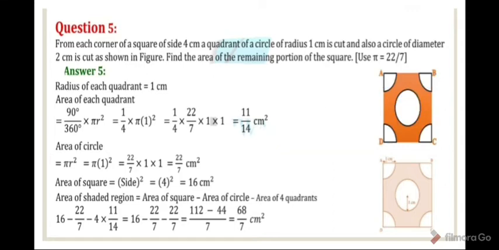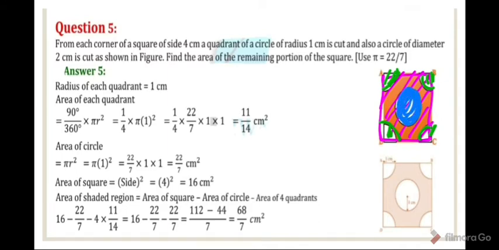Now how can you find the area of this orange portion? First of all, this is very simple. You can find the area of the square by the formula side square. Then you subtract the area of these four quadrants and the area of the middle circle.